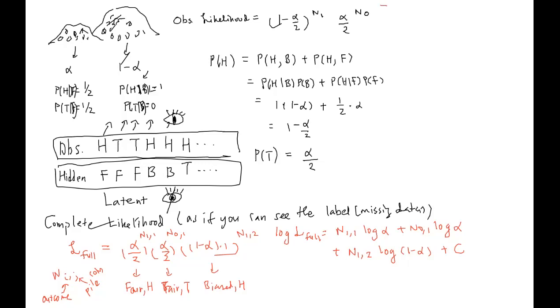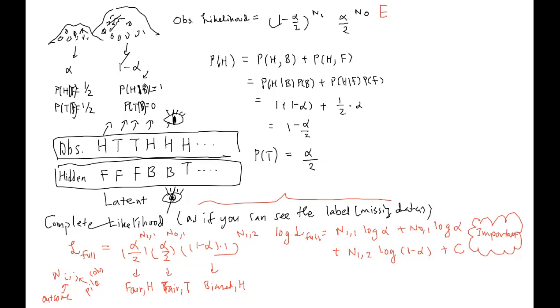The most important part of the EM algorithm is to be able to write this part down. You must be able to think as if you can see the label, and then write down the full likelihood equation. If you can't write this down, you cannot do the subsequent steps.